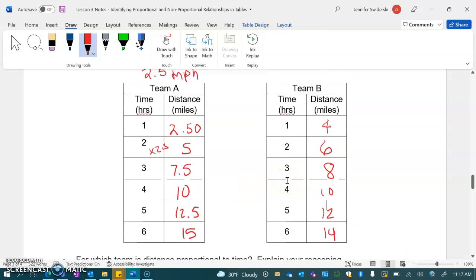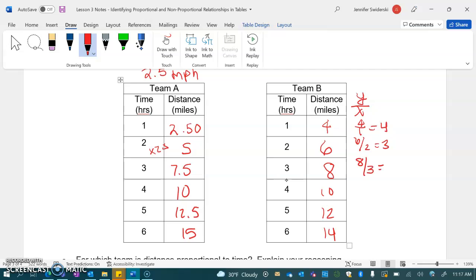So what I could also do is go ahead and do this with me. If I were to prove that by doing my y over my x for Team B, I would get 4 over 1, which is 4. 6 over 2, which is 3. I can already see they're not equal, right?